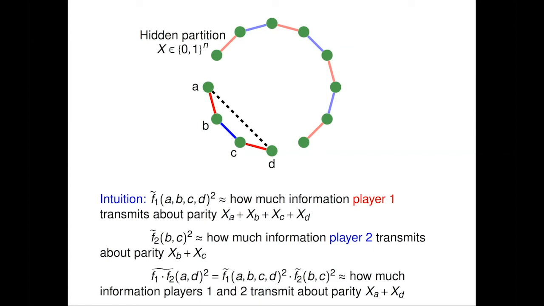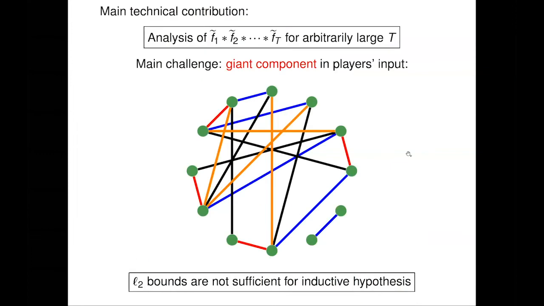So neither of them really knew anything about XA plus XD, but both of them together do, because there is a path A, B, C, D from A to D. And the fact that one can combine different matchings into longer paths is exactly captured in a robust manner by the convolution theorem.